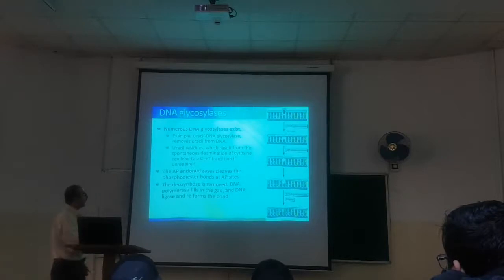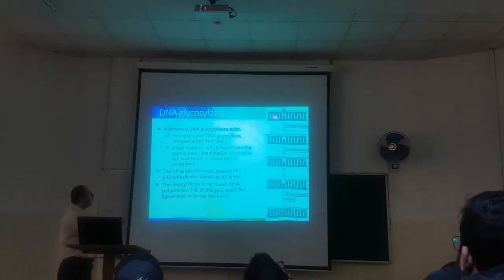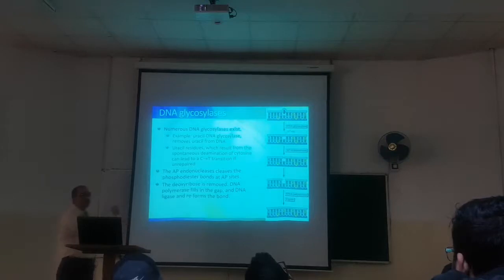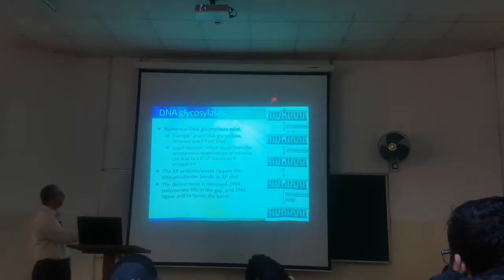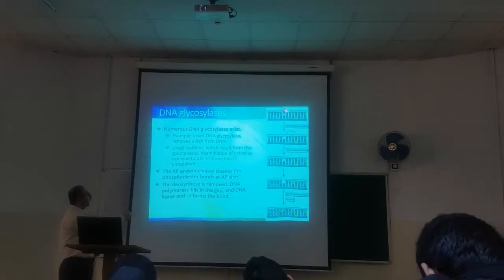How? Here's an example. We have uracil DNA glycosylase. It recognizes specifically, which is why we call it a specific excision pathway, it detects the presence of uracil in DNA, and the uracil is complementary to G, because originally we had a G-C pair. Deamination of C creates uracil. This is abnormal. The DNA glycosylase comes in.